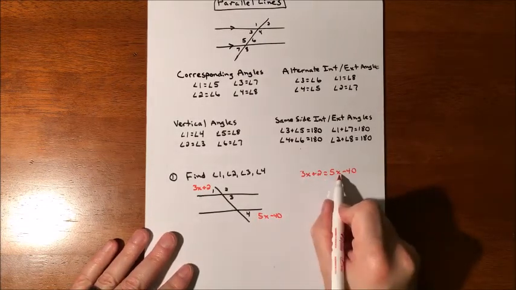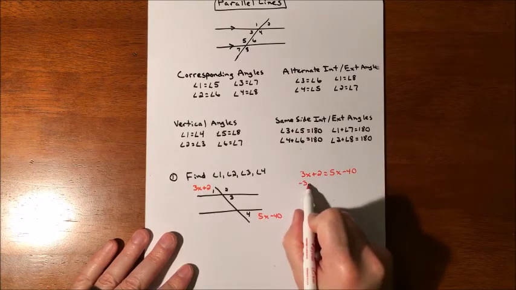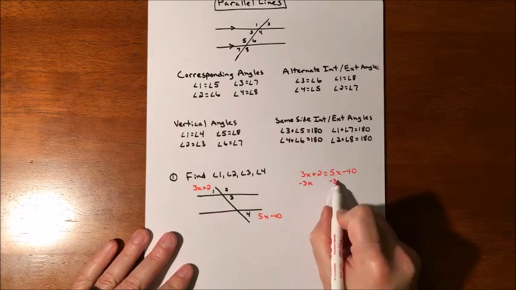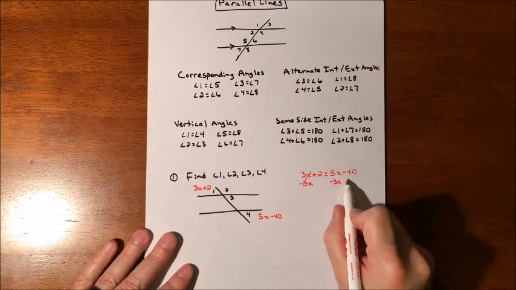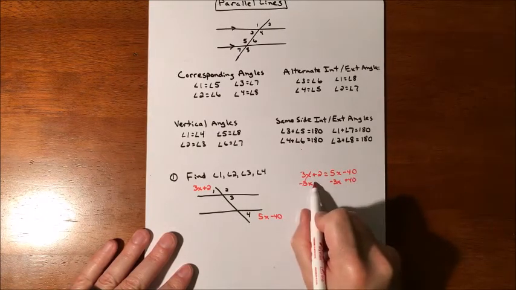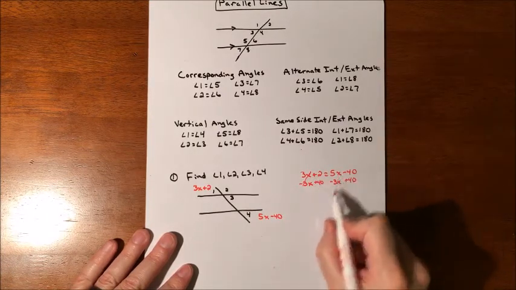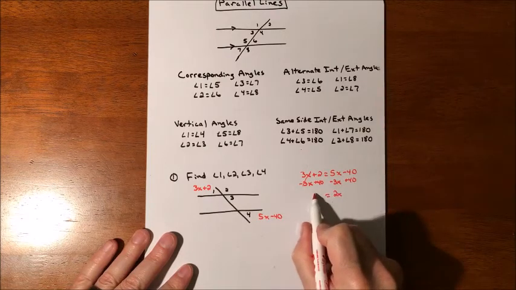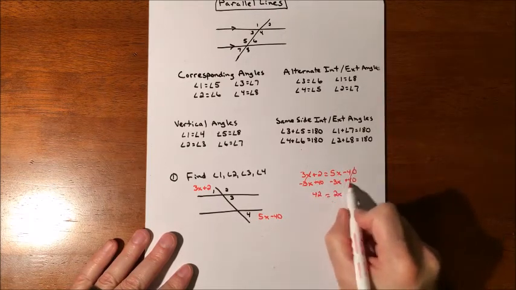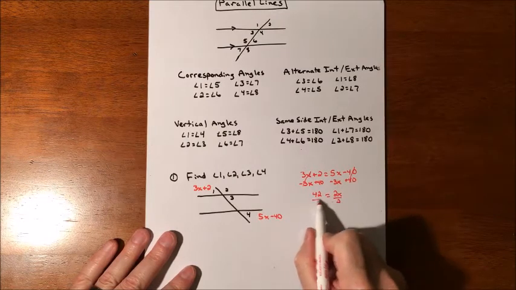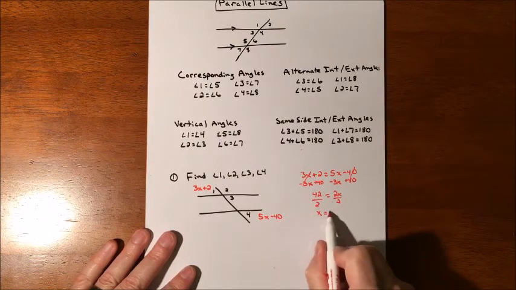I'm going to take the 3x and bring it over to the 5x to keep my variables positive. At the same time, I'm going to take the 40 and bring it over to the left. So I get 2x equals 42. Divide by 2. x equals 21.